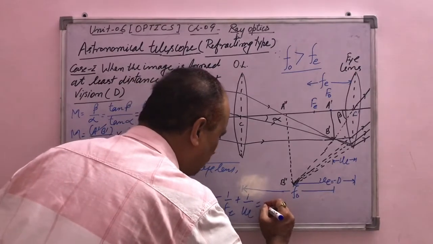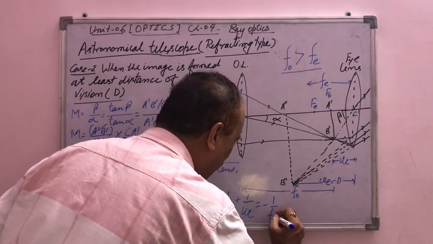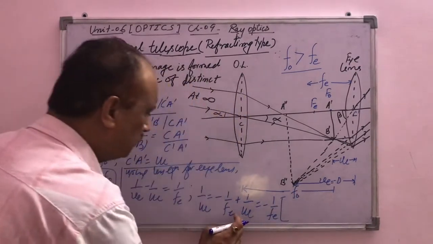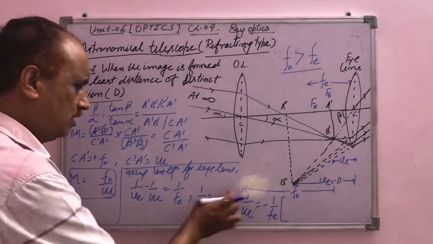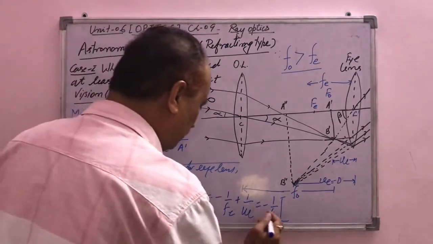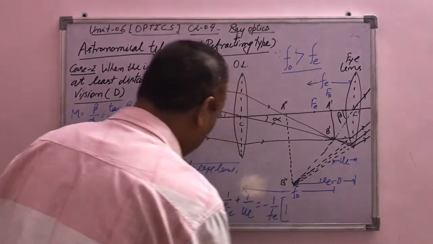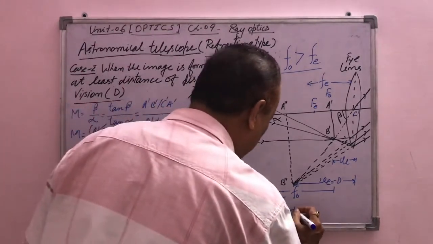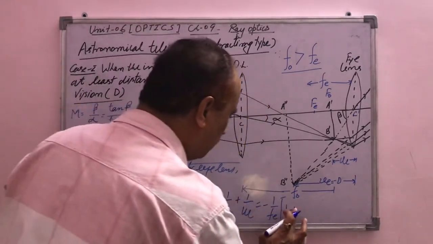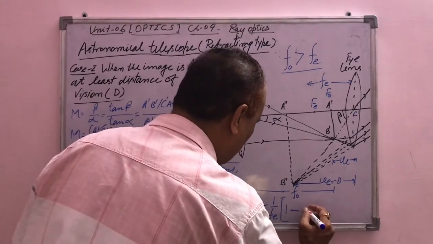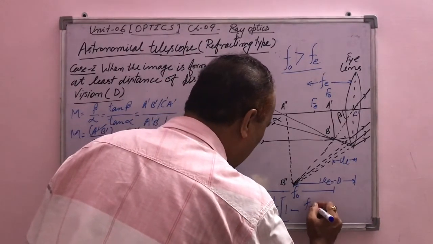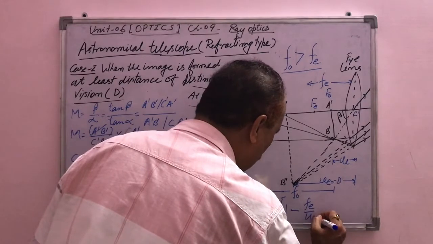Now by simplifying, taking 1 upon FE common in this bracket, we will get 1 minus FE upon VE.